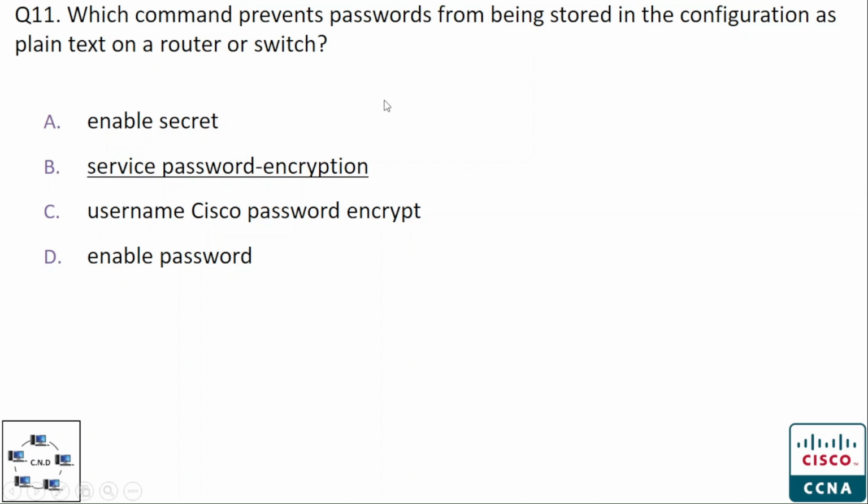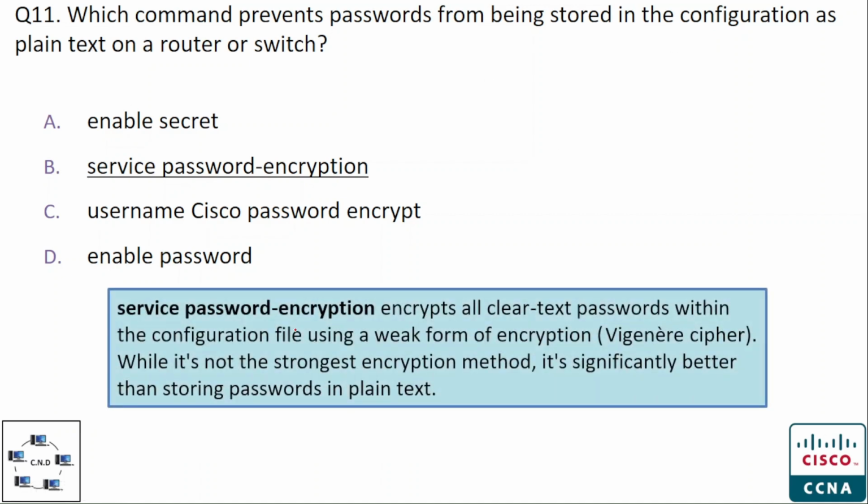This command encrypts all the passwords that are clear text inside your configuration on a particular switch or router. Service password-encryption encrypts all clear text passwords within the configuration file using a weak form of encryption, that is Vigenere cipher. While it's not the strongest encryption method, it is significantly better than storing passwords in plain text.